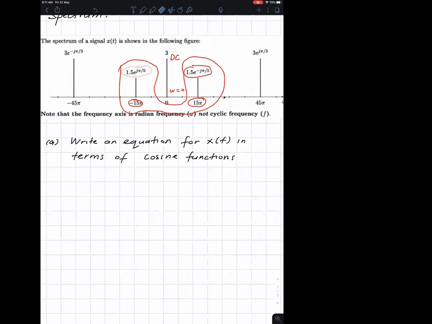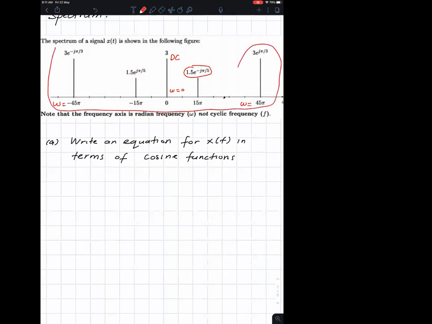Okay, then there's another set of frequency right here when omega is plus 45π and then omega is minus 45π. So you can form another cosine term out of this. So what is displayed here is the cosine in complex exponential form.